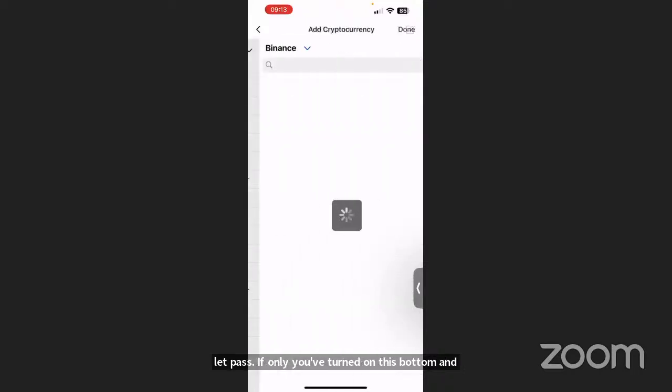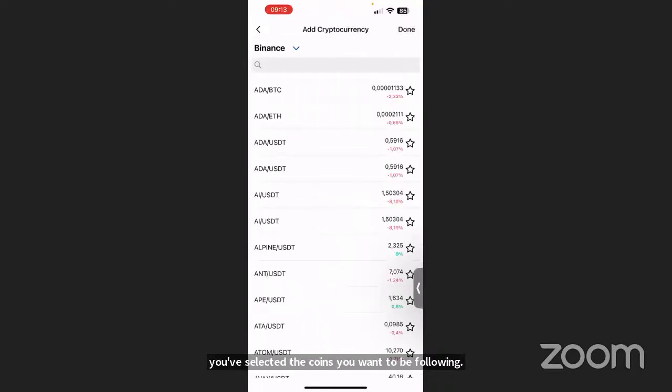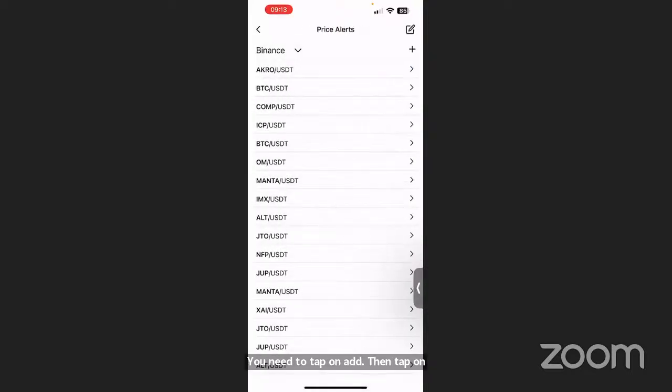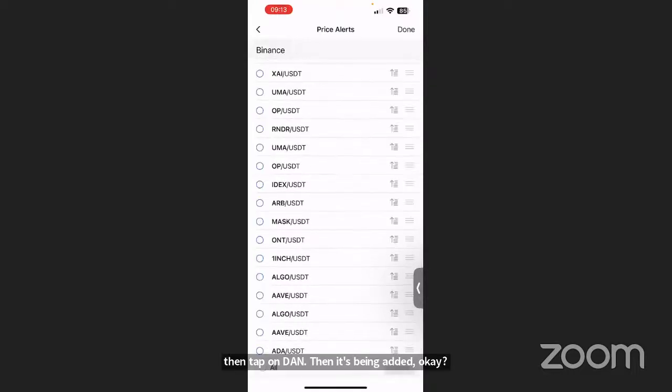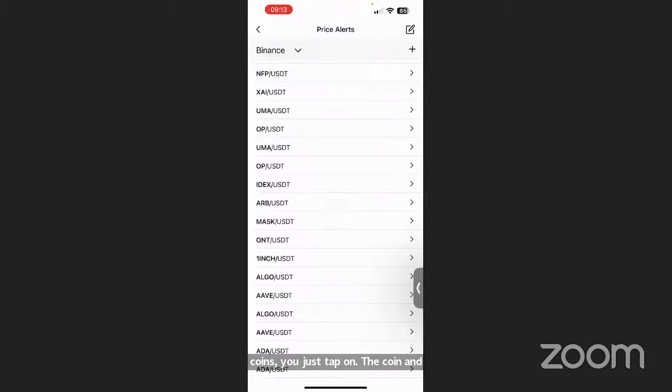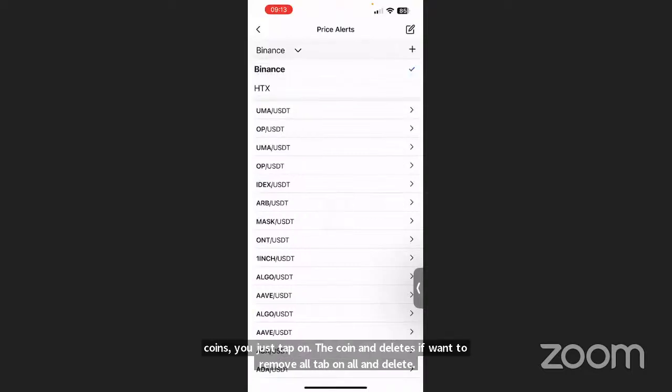You need to tap on add, then tap on the star button, then tap on done. Then it's added, okay? It will be below Ada. If you want to remove some of the coins, you just tap on the coin and delete. If you want to remove all, tap on all and delete. That is it about price alerts. Unfortunately, it's only available for two exchanges, Binance and HTX.